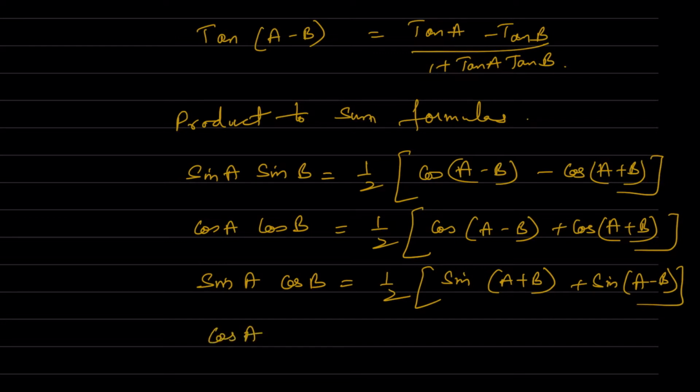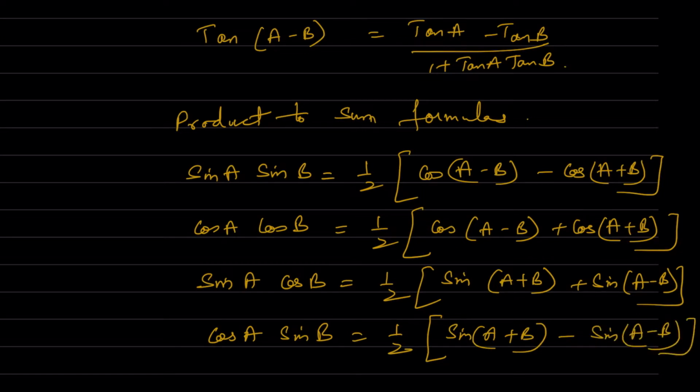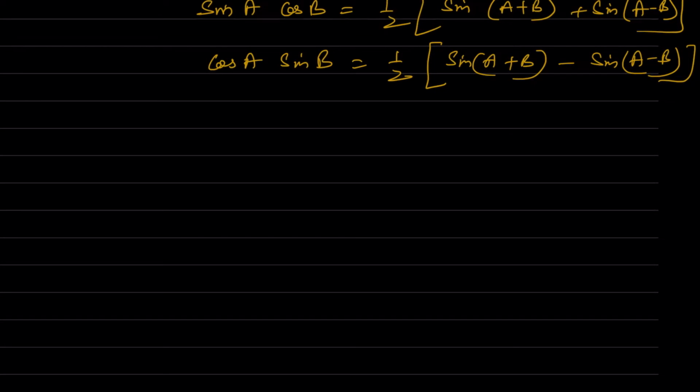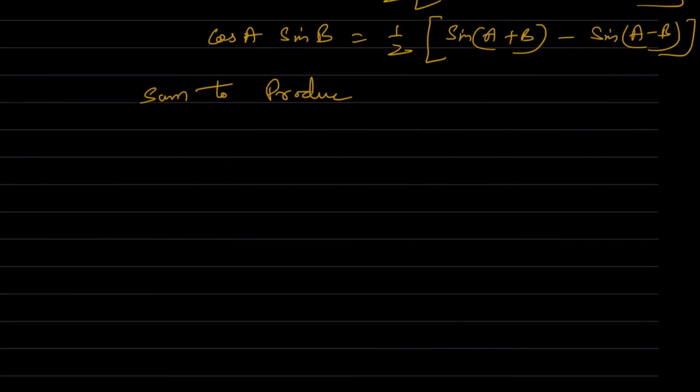Then we have cos A sin B equal to half into sin(A plus B) minus sin(A minus B). So a combination of both sin and cos will give you sin, sum and subtraction, and both sin A cos B will give you sin, and cos A sin B will give you cos.